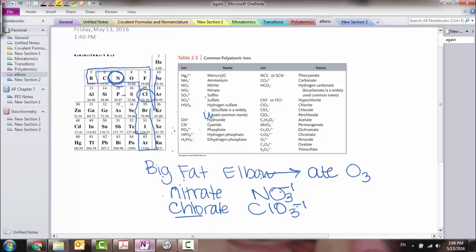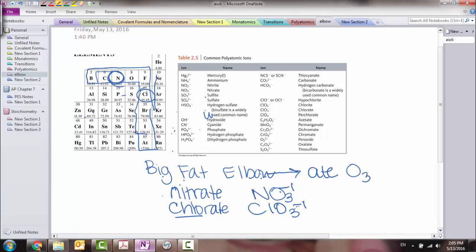Let me go over to bromate, which is not on there, but if we were to look at bromate, we would see that bromate originates in the elbow, which means it has 3 oxygens versus 4, and that one also has a -1 charge.